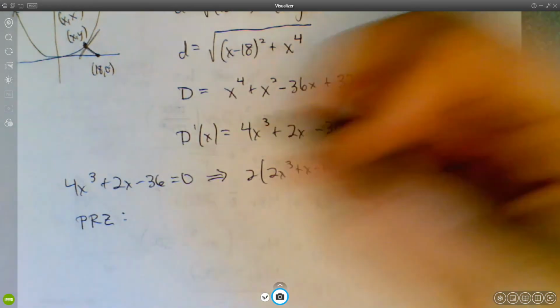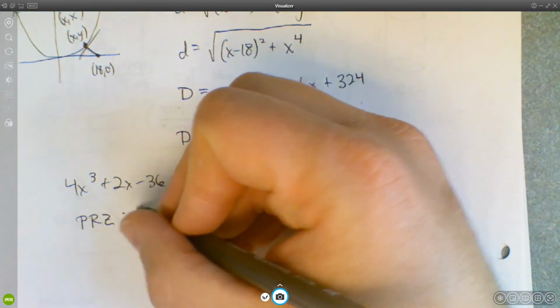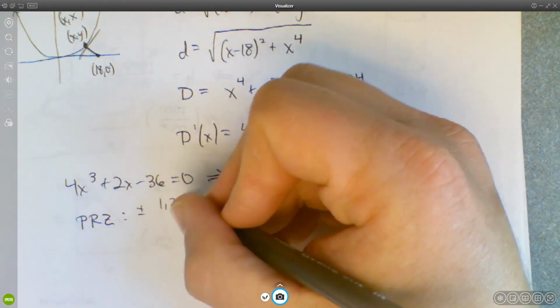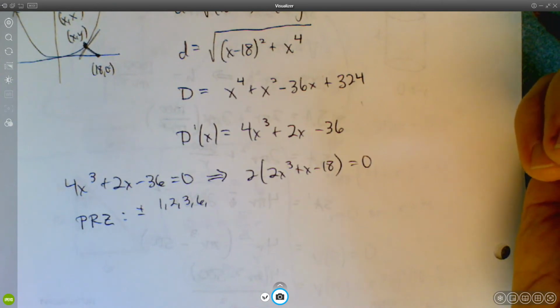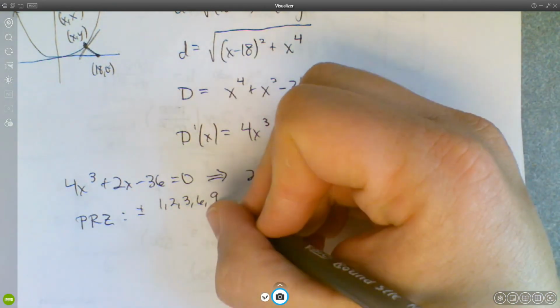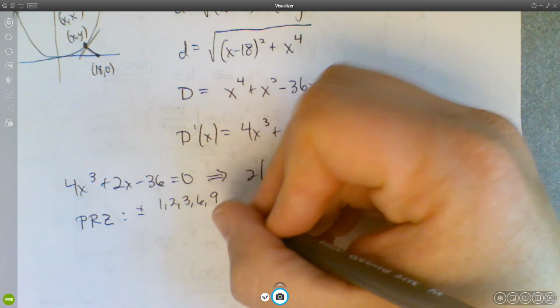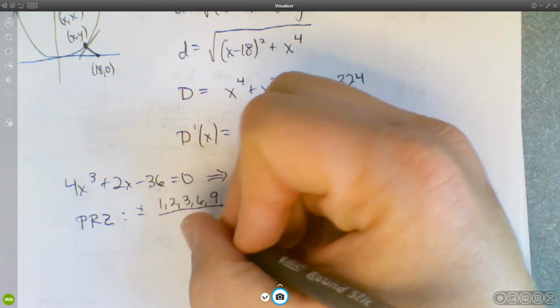Factors of 18 would be plus or minus 1, 2, 3, 6, 9, and 18.